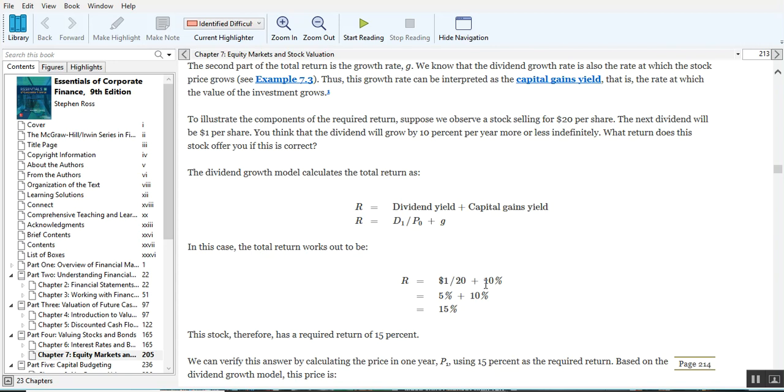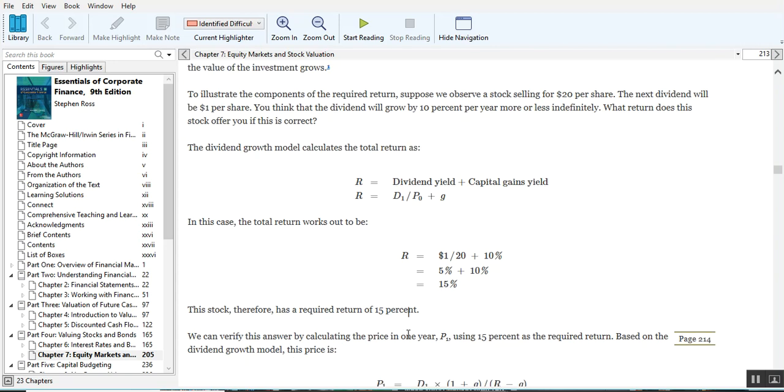And then plus it's not percent, this is $20. I'm sorry, I misspoke. But $20 gain yield. So if you purchase the stock and you sold it, it's a $20 yield. $1 dividend, that's the dividend yield divided by the $20 capital gains yield plus 10%. $1 divided by $20 is 5%. So the required rate of return in that case is 15%. That's how you calculate that.